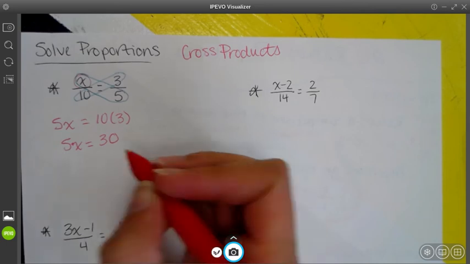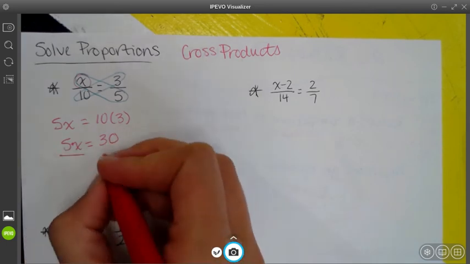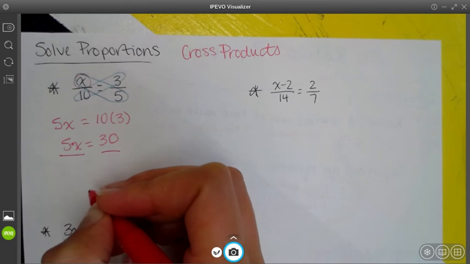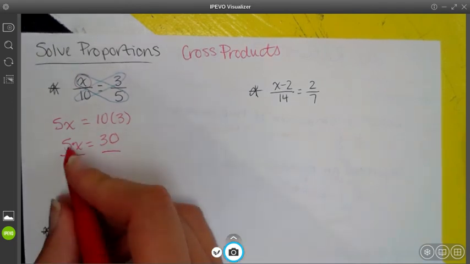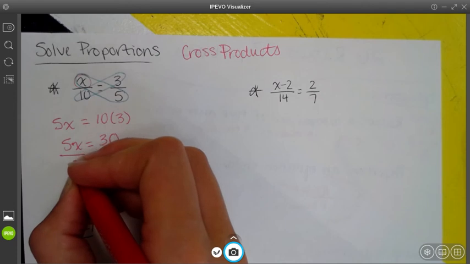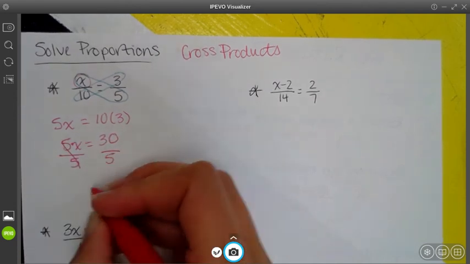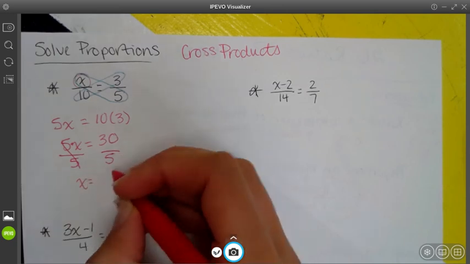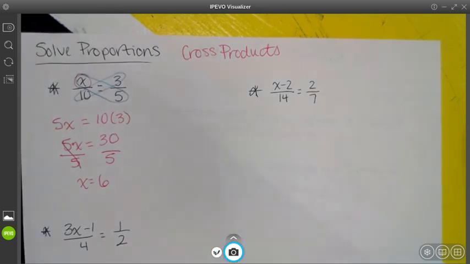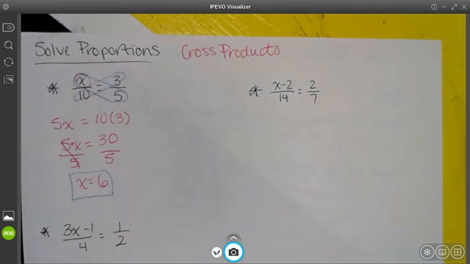It's 5 times x. To undo multiplication, you use division, and you divide on both sides. You do that exact same thing to both sides. So to undo the multiplication by 5, I divide by 5 so that those cancel. Divide by 5 over here as well. So I have x equals 30 divided by 5, which is 6. And that would be the solution. Not too bad, right? Let's do another one.